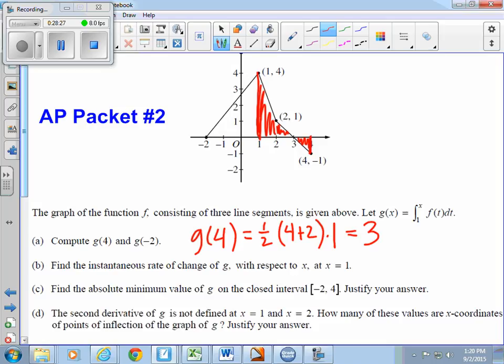What's a little bit strange about g of -2? Oh, you're going backwards. So I need to make sure I make my answer negative. Other than that, I'm going to find an area from 1 to -2, but I do have to make it negative.